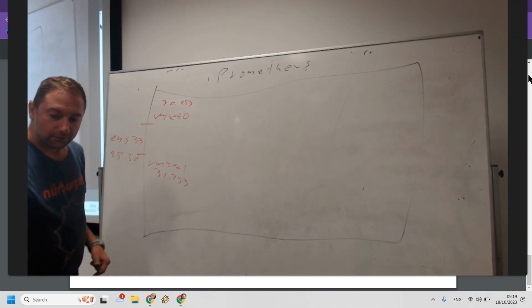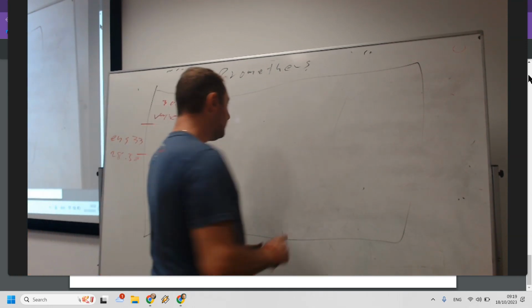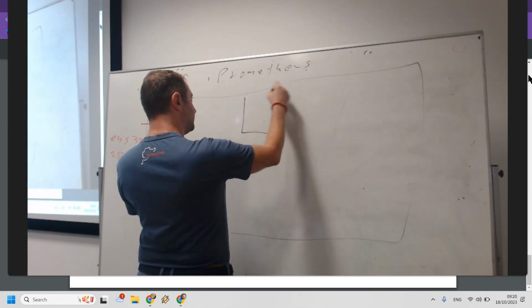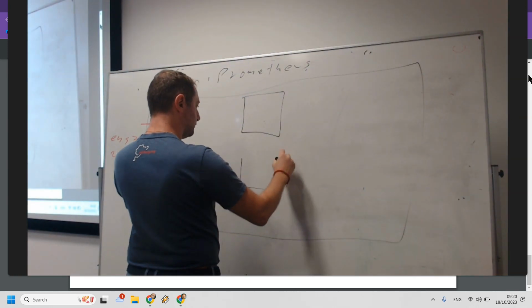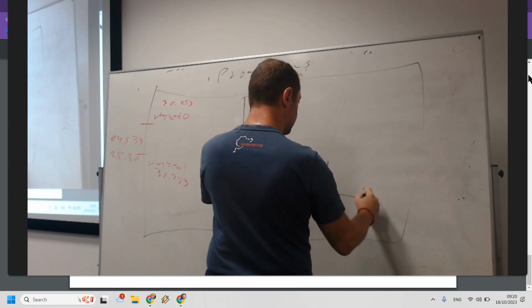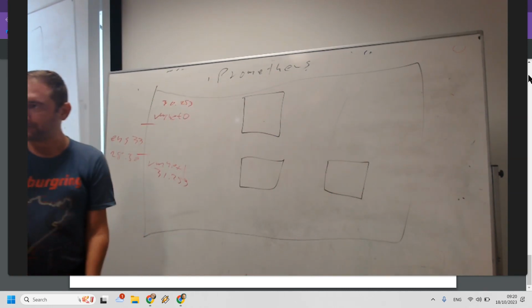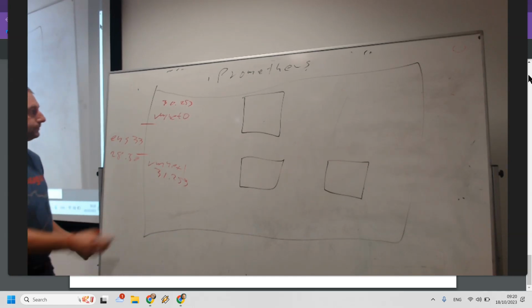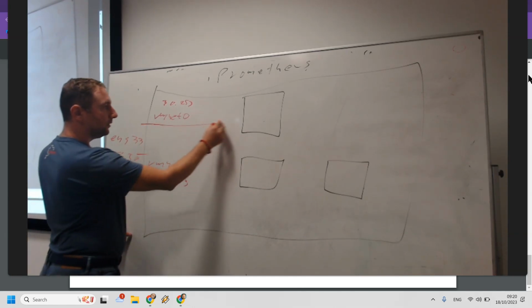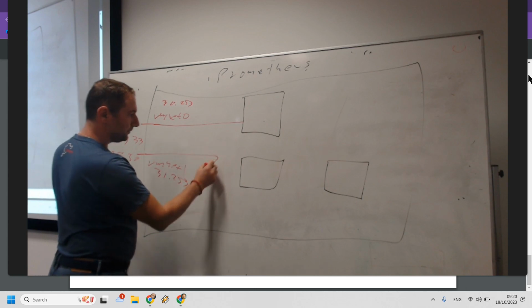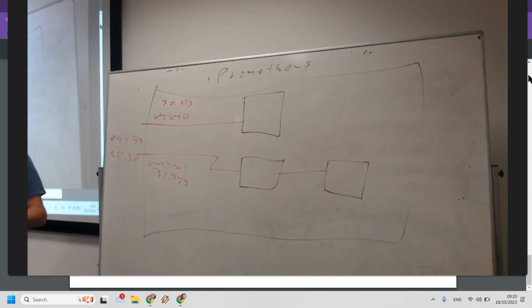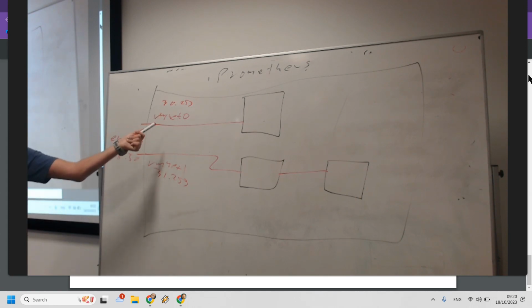Now, in here you will have your virtual machines. So you will have your virtual machine 0 here, virtual machine 1, and virtual machine 2. So they connect to each other like this. So this gets us to VMnet 0 on subnet 30.